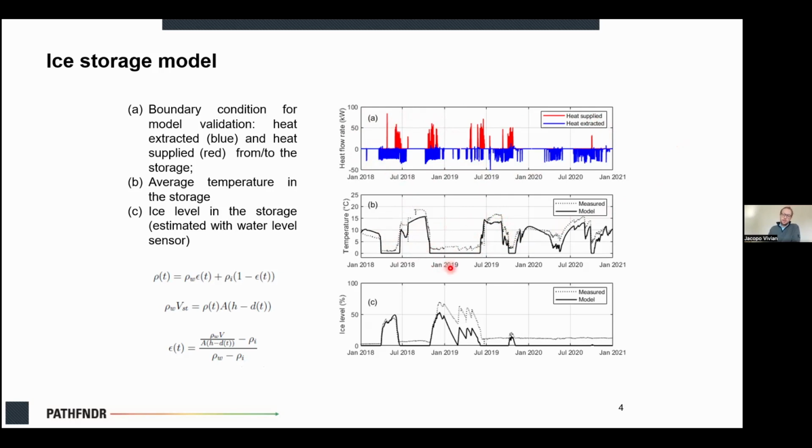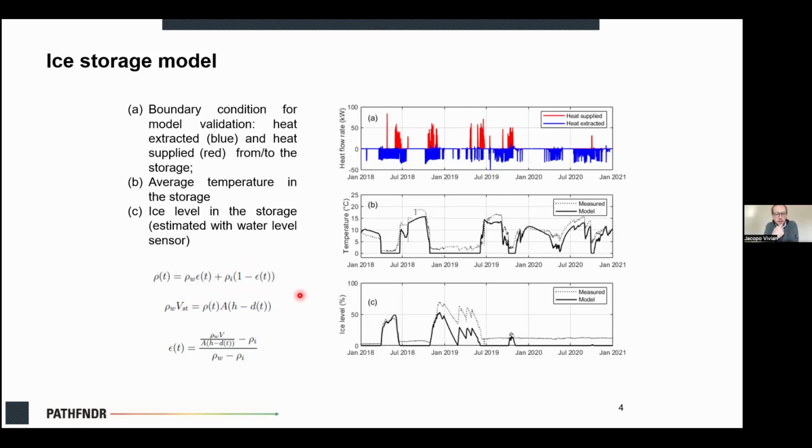Of course, this is not a real validation, because the model we use in the optimization problem is slightly more simplified than this one, because here we need to consider also the change in the density of the water ice mixture depending on temperature. So depending on the temperature, we calculate the density, and the density gives us the volume of the water ice mixture.